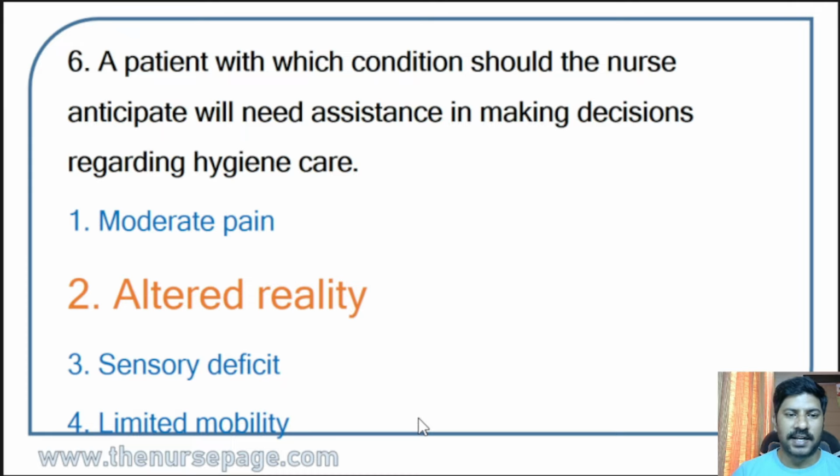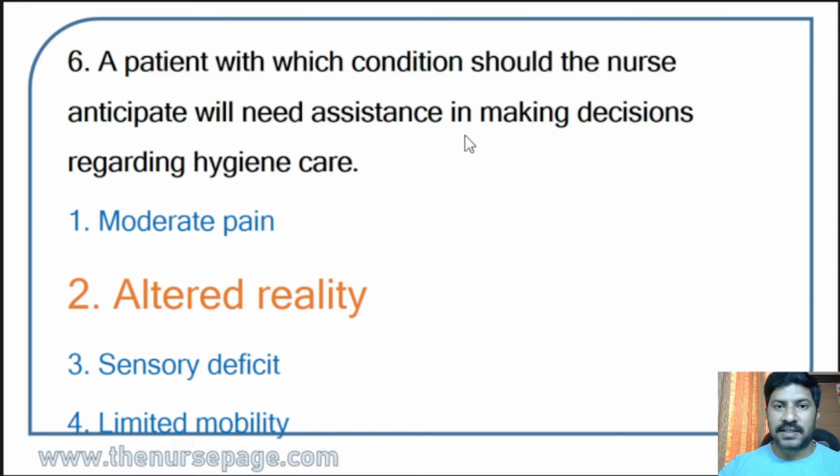So altered reality, or a person with increased hallucinations or auditory delusions. These patients have altered reality, so they may have problems in taking decisions regarding hygiene care. The important point in this question is that the patients need assistance in making decisions.